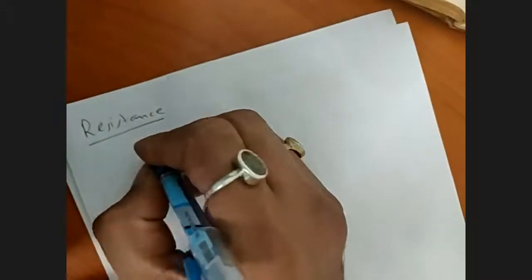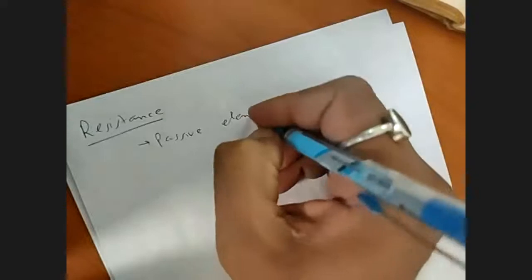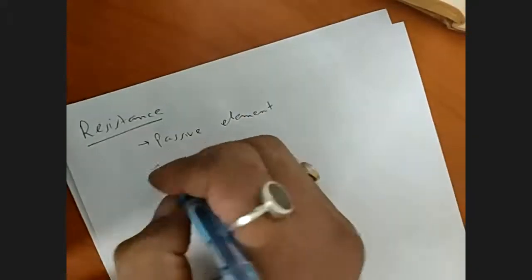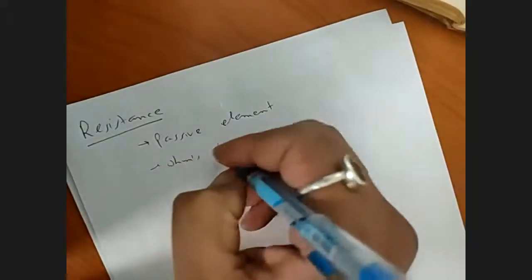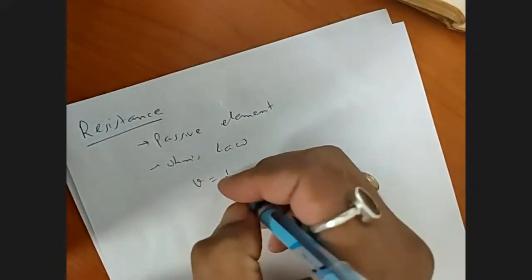If you remember, resistance is a passive element. It obeys Ohm's law, and according to Ohm's law, V equal to IR.